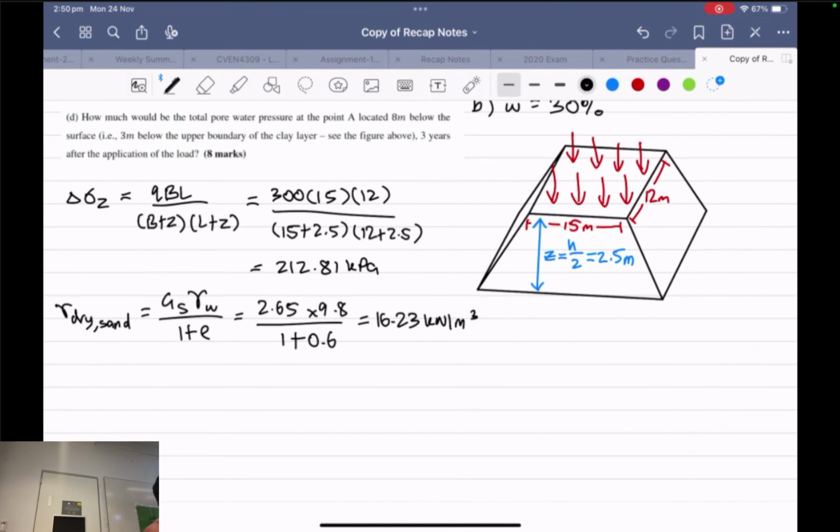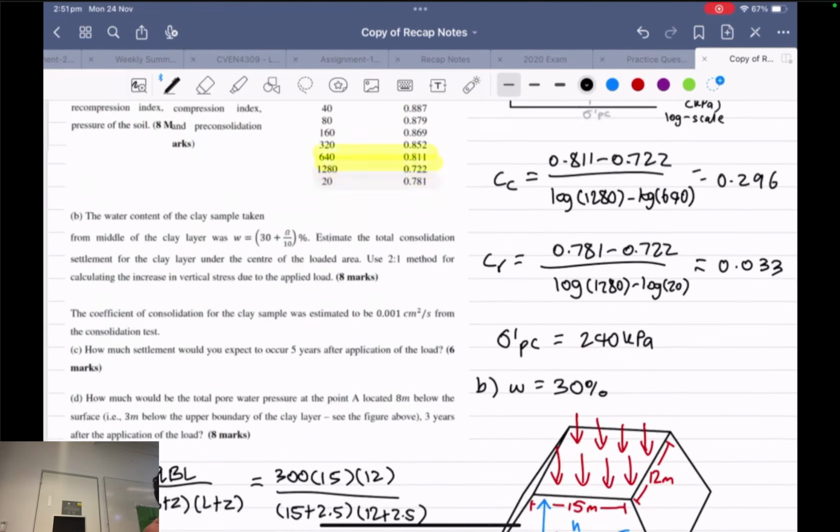And then for the clay layer, we need to find gamma sat. So gamma sat clay is equal to GS plus E over 1 plus E times gamma W. Here we don't actually have E of the clay layer. So does anyone know a relationship between E and water content when we have saturated soil?